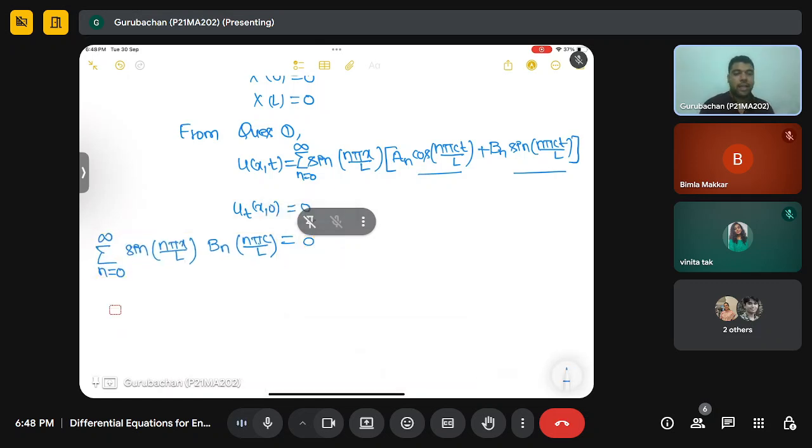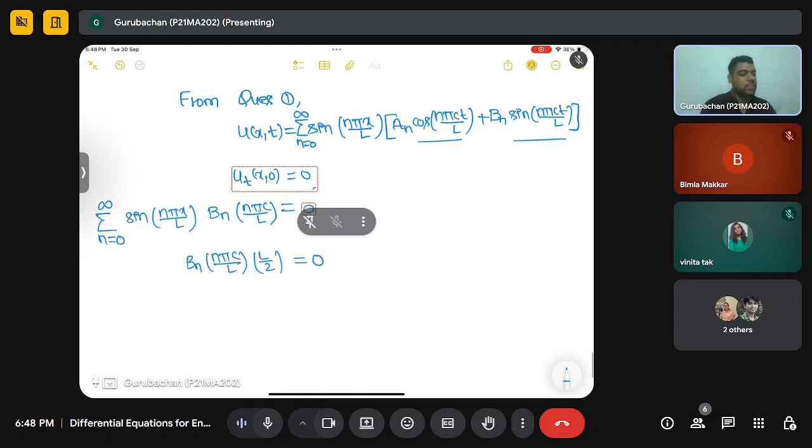When you apply the orthogonal property, you will get b_n n pi c by L into the integral, which is L by 2, and this is 0. I'm just saying that we multiply by sin(m pi x by L) on both sides and integrate. This will give only this value, and this implies b_n has to be 0 for all n natural. Okay, now we just need to calculate a_n.